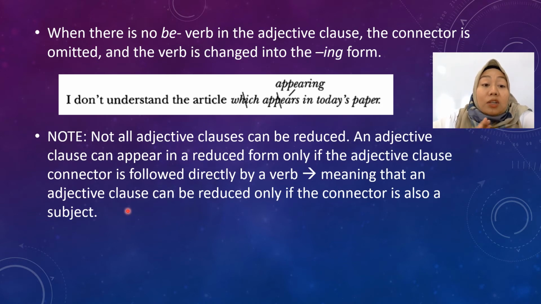Note that not all adjective clauses can be reduced. Here are the rules on what kind of adjective clause can be reduced. An adjective clause can appear in a reduced form only if the adjective clause connector is followed directly by a verb.